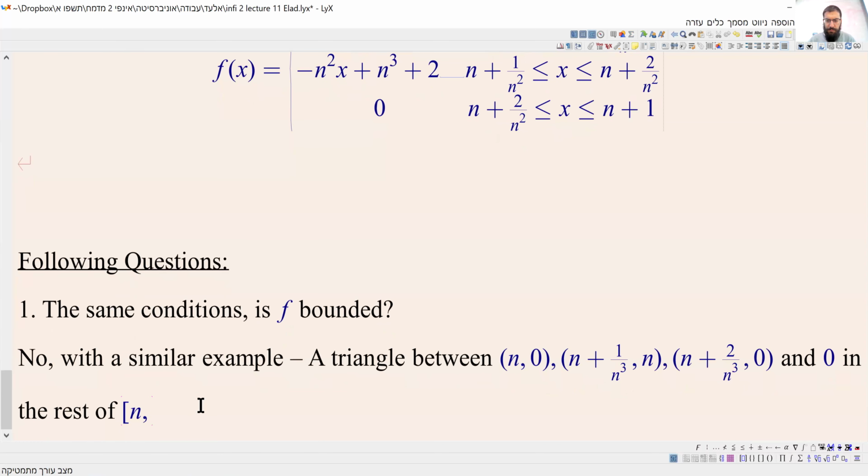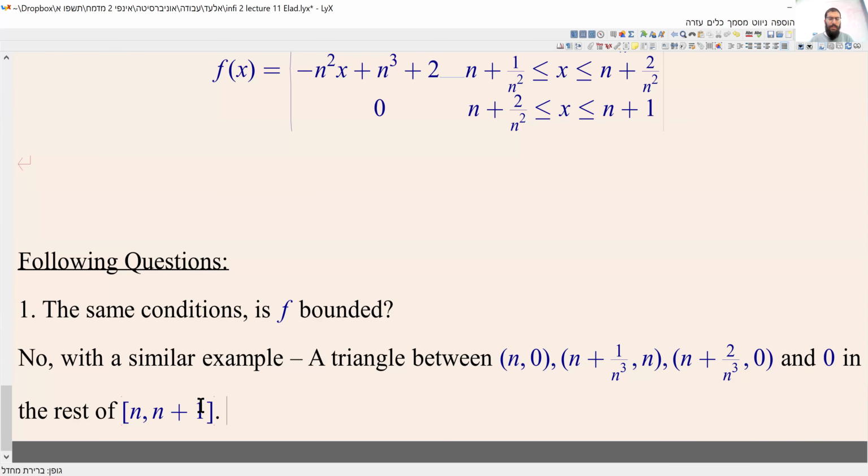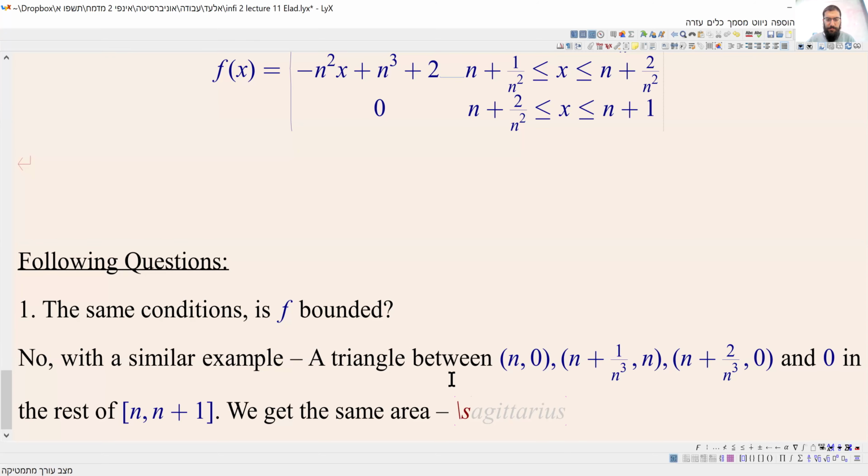Rest of the segments, n to the plus 1. We get the same area, the series of 1 above n squared.